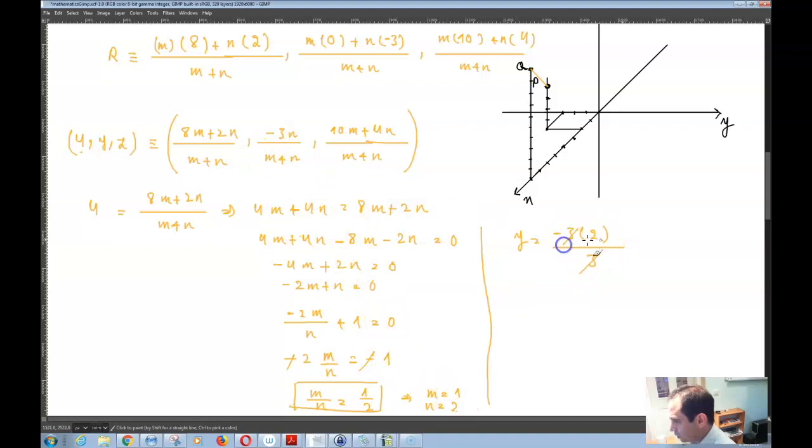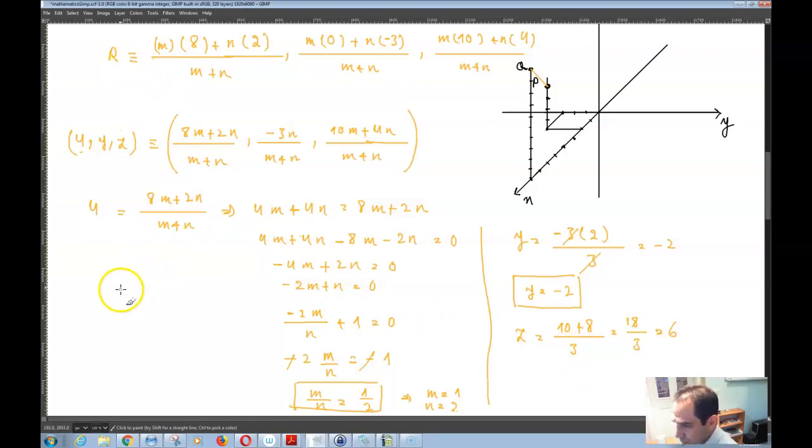So these two will cancel out, you'll get y is equal to negative 2. And your z is going to be equal to 10m, which is 10, plus 4 times 2, which is 8, divided by m plus n, which is 3. That's 18 over 3, which is equal to 6.